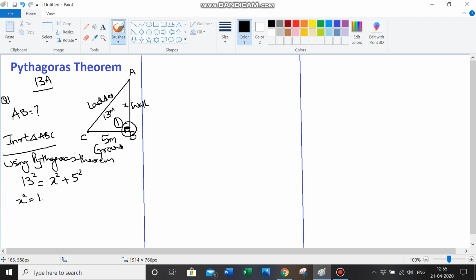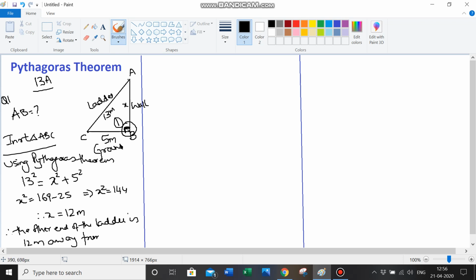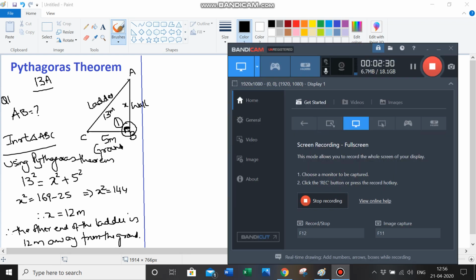X square is equal to 169 minus 25, which means x square is equal to 144. Therefore, x is equal to 12 meter. Therefore, the other end of the ladder is 12 meter away from the ground. That's it. Let's move on.